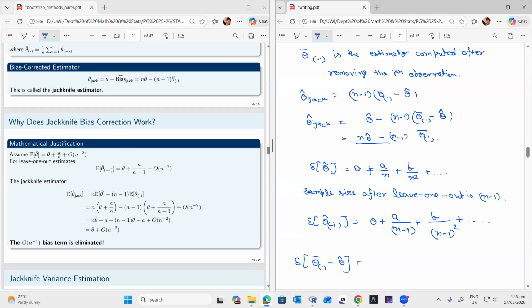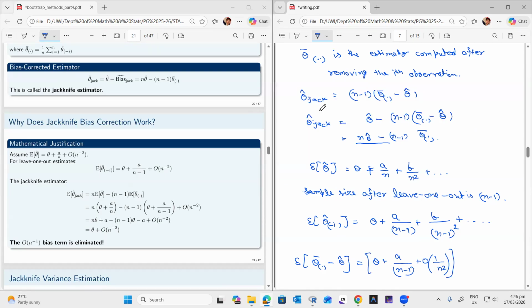When you take the average of that one, all right, it will be theta plus a upon n minus 1, and other terms we will say here order of 1 upon n square. Okay, for large n, n minus 1 or n will not have an impact, so that's why we are taking n square here.